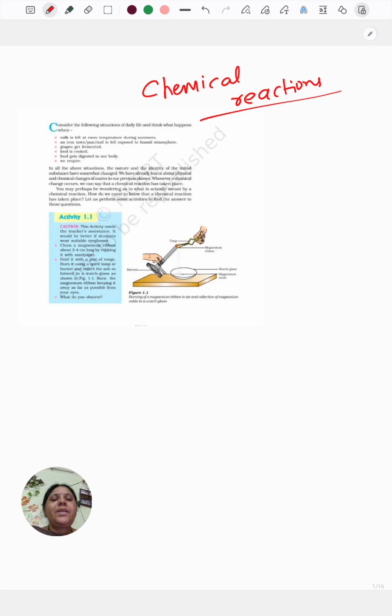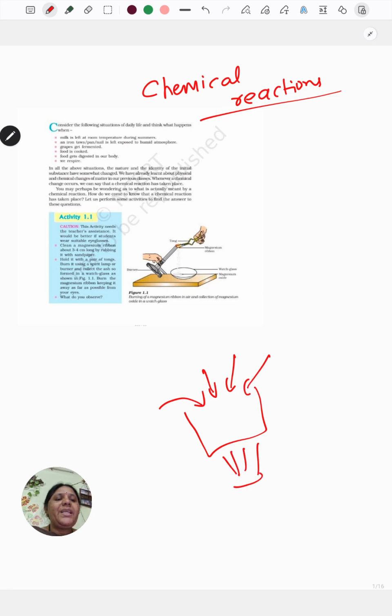Grapes ferment. If you keep the grapes outside for some days, they get fermented, and you can use them to prepare wines, right? Food is cooked. If you are cooking food, many ingredients are added to the food and you apply some heat.